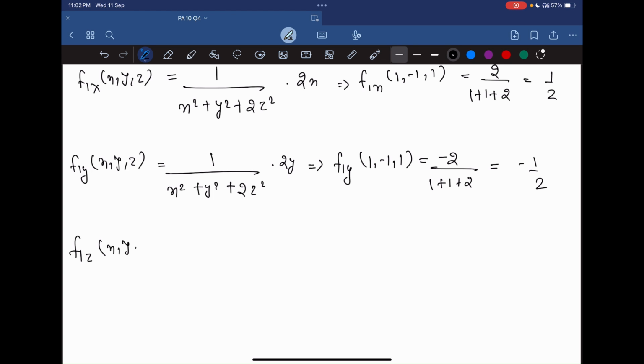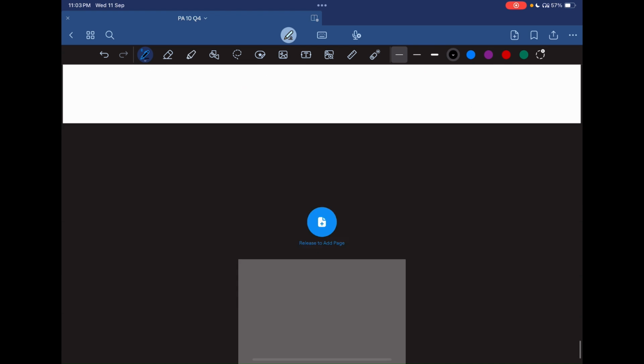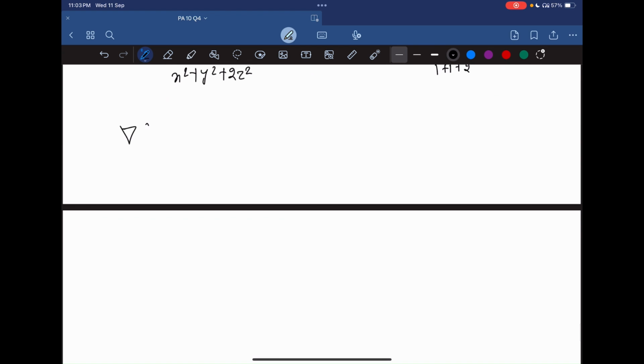For z, it is 4 upon 1 plus 1 plus 2, and that is 1. Okay, so the gradient of the function f1 at the point 1 minus 1 1, we got as 1 by 2, minus 1 by 2 and 1.